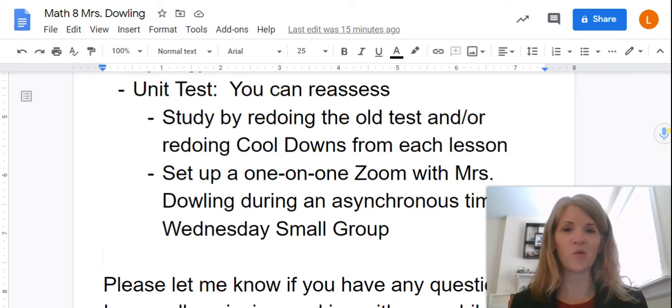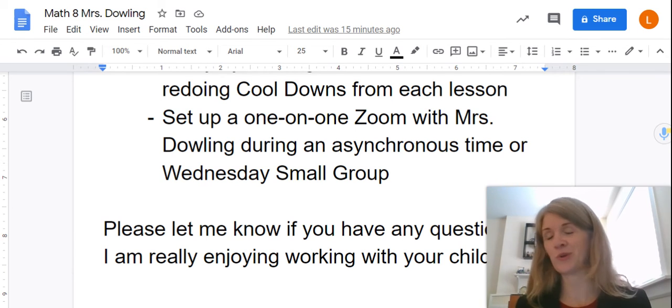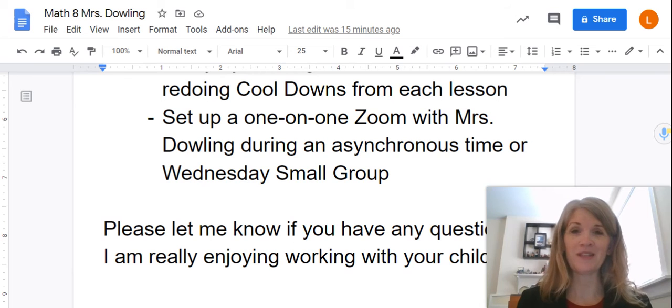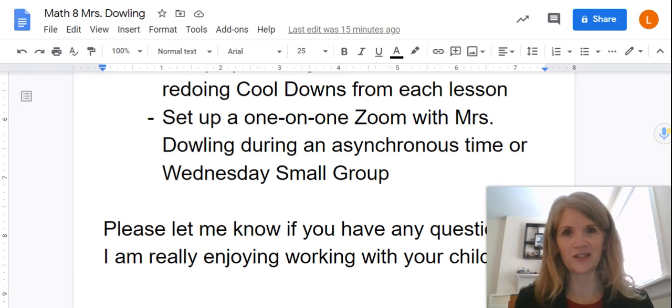They would need to set up a one-on-one Zoom meeting with me, and then we'll go through redoing the test together. So that's a little different than last year. I would just put a new test in front of them with a piece of paper. Now I want to meet with them one-on-one. That can be during any asynchronous time or Wednesday small group time, but they do need to set up an appointment so that I carve out that time just for them.